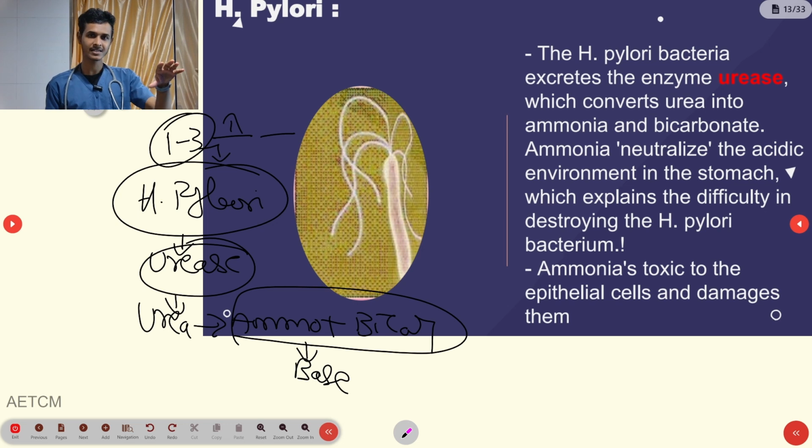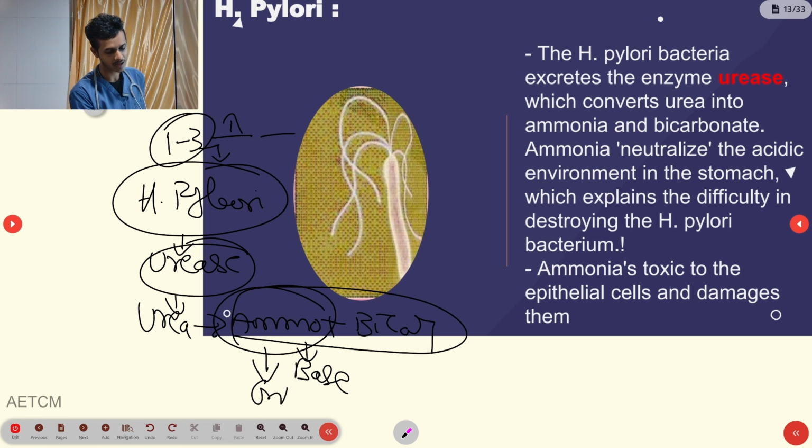So, what is the drawback, or what problem will arise? This ammonia will damage our mucosal cells. That is one of the major complications, one of the major problems with H. pylori. This ammonia will erode or affect the mucosal tissue in H. pylori cases.